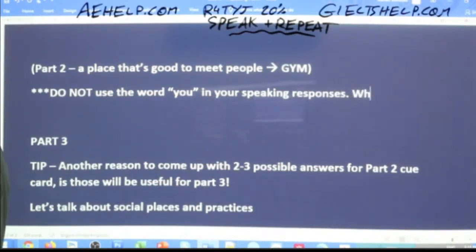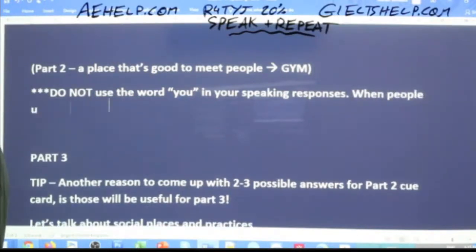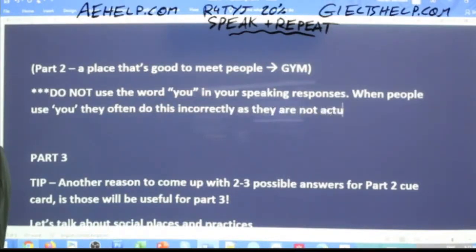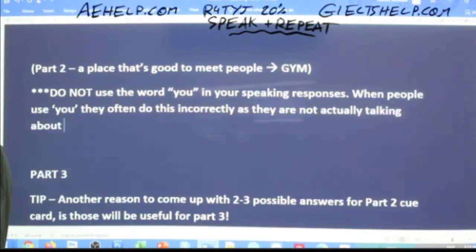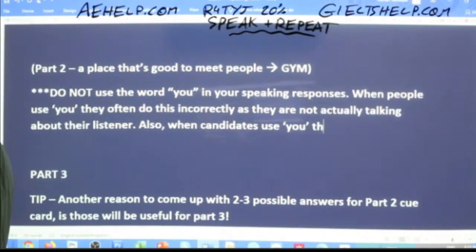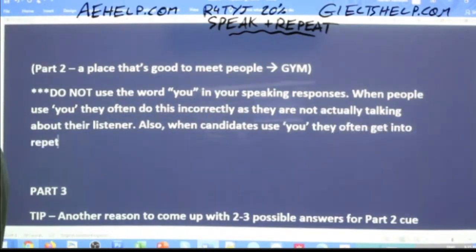When people use you, they often do this incorrectly, as they are not actually talking about their listener. Also, when candidates use you, they often get into repetition and a lower level of communication.